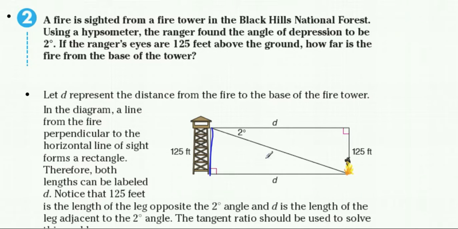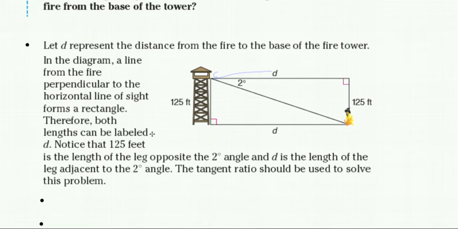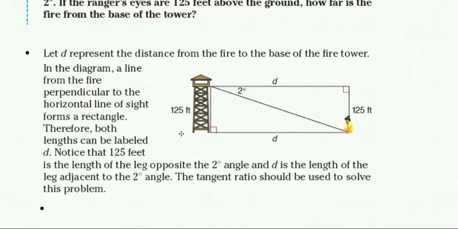Perpendicular means a right angle right here. And if D is the distance right here, therefore you can also put D on top. Therefore, both lengths can be labeled D, and that's what we just did.